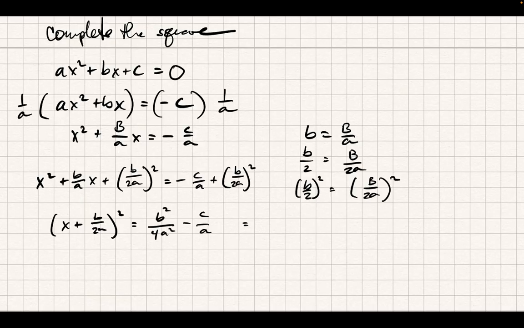If I multiply top and bottom by 4a, why can I do that? Because 4a over 4a equals 1, and I can multiply by 1 and not change the value. So what do I get? I'm going to rewrite this part: b squared over 4a squared minus c times 4ac.